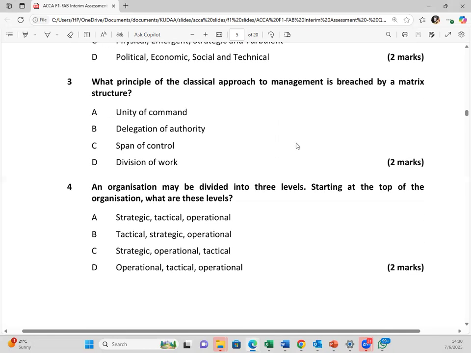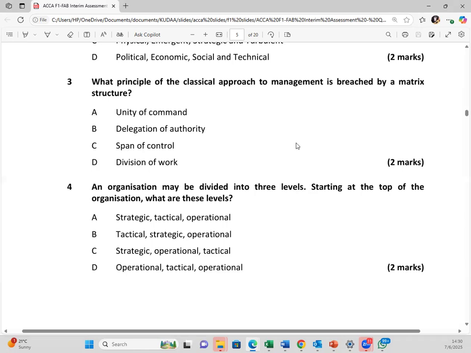What principle of classical approach to management is challenged by the matrix structure? So the good part about this, some of these things we already talked about, but of course it wasn't in this manner, but we did talk about this problem sometime.